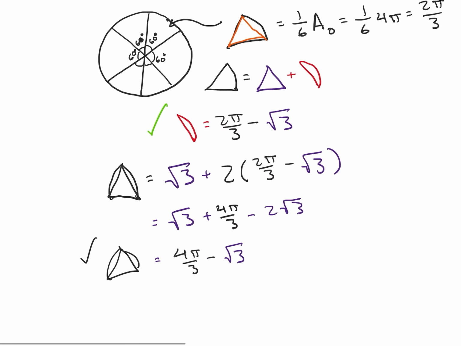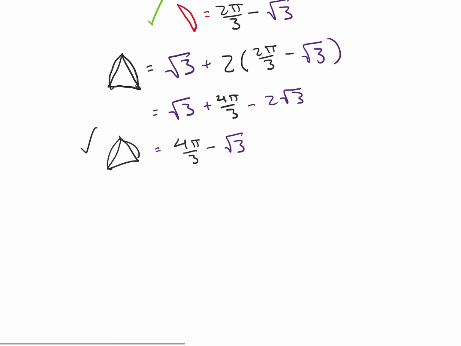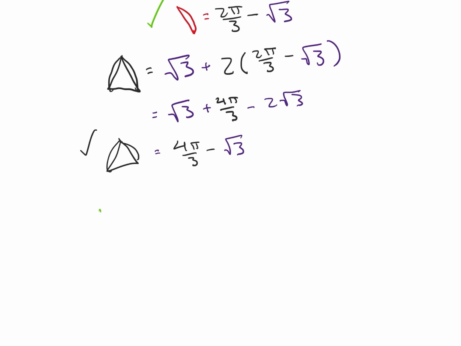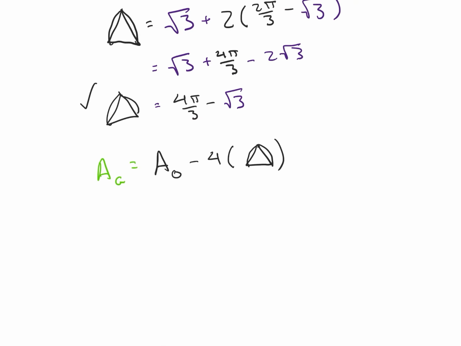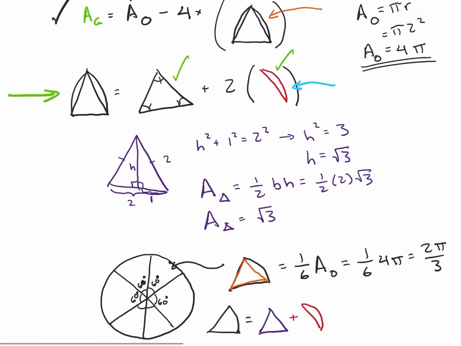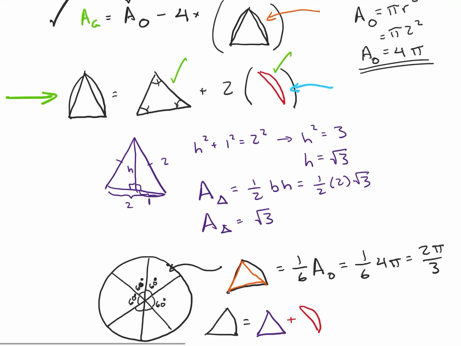So the area of my green region is going to be the area of my whole circle minus 4 times the area of this shape here. So my area of green is going to be equal to 4 pi, because that's what I calculated as the area of my circle way up here.